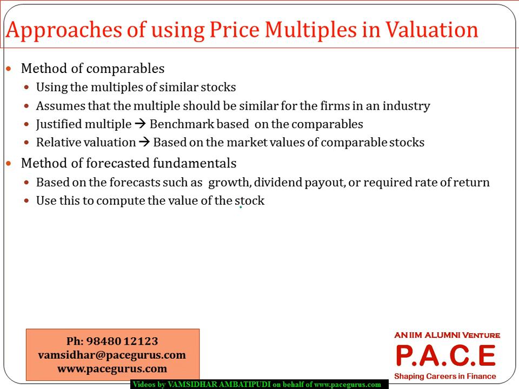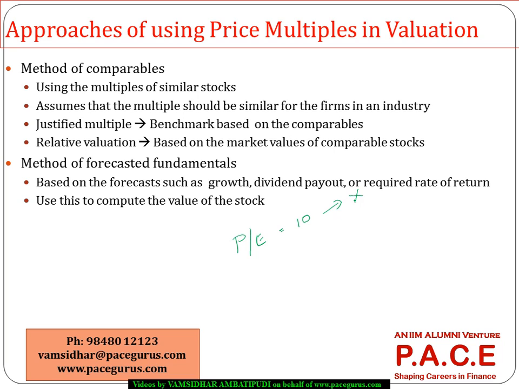How do I identify, for this particular security, what is the appropriate P by E multiple? For that, we are talking about two different mechanisms. How do I identify that a P by E multiple of, let's say, 10 is suitable for company X?